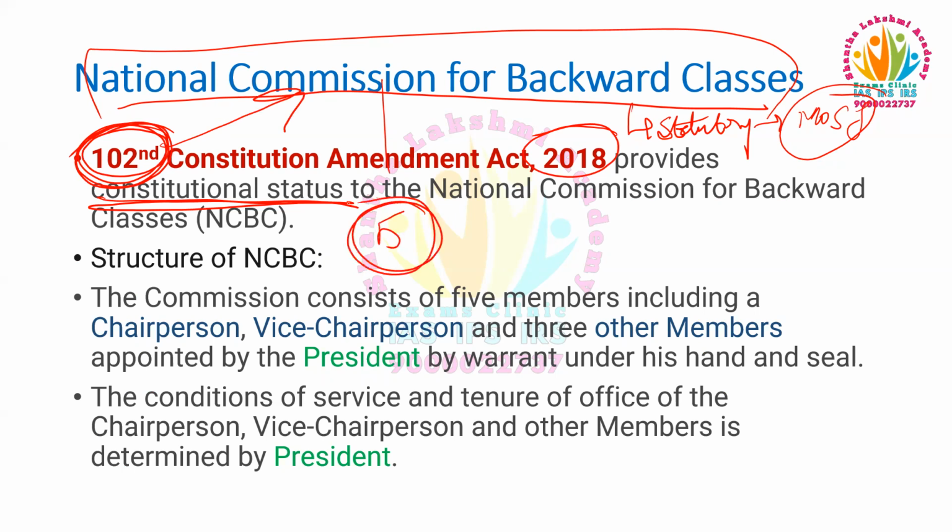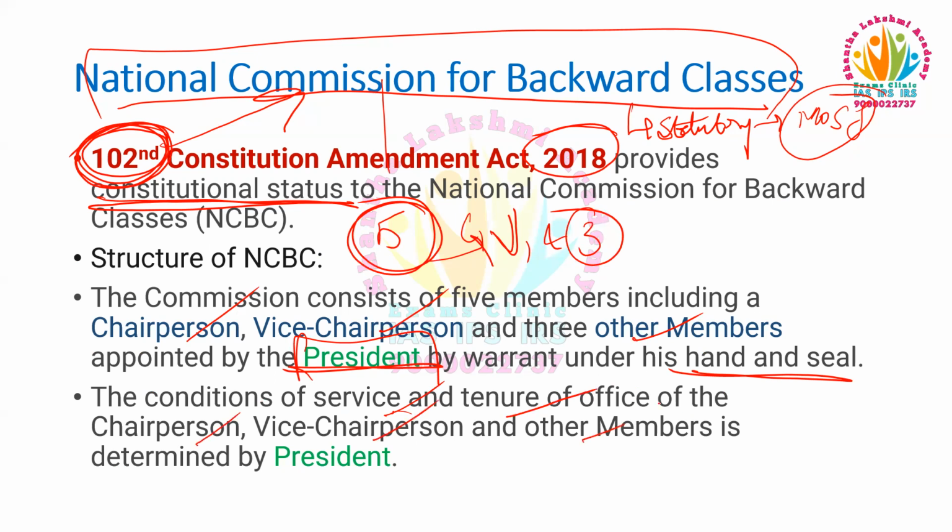It consists of 5 members, that is chairperson, vice chairperson, and 3 other members. And these 5 persons are appointed by the president by warrant under his hand and seal. And the conditions of service and tenure of the office of chairperson, vice chairperson, and 3 other members are determined by the president itself.